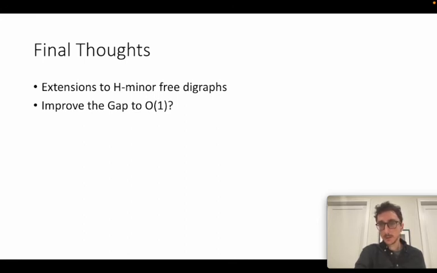An interesting question now is to improve the gap that we obtain. The obvious question is whether the gap is constant. However, this seems to be a rather challenging question because, in particular, it implies the planar embedding conjecture.